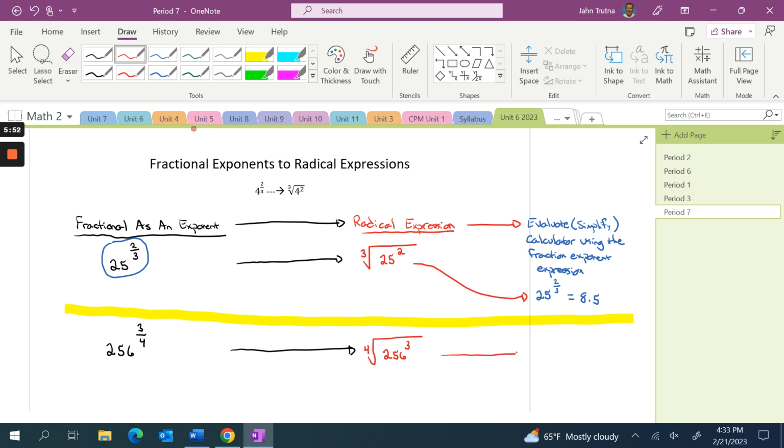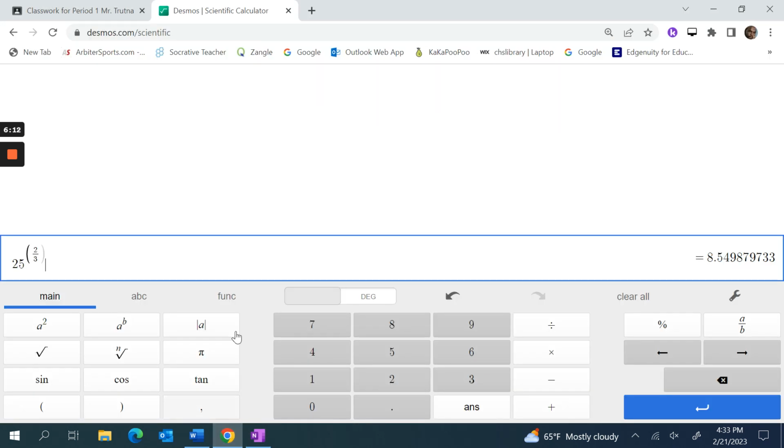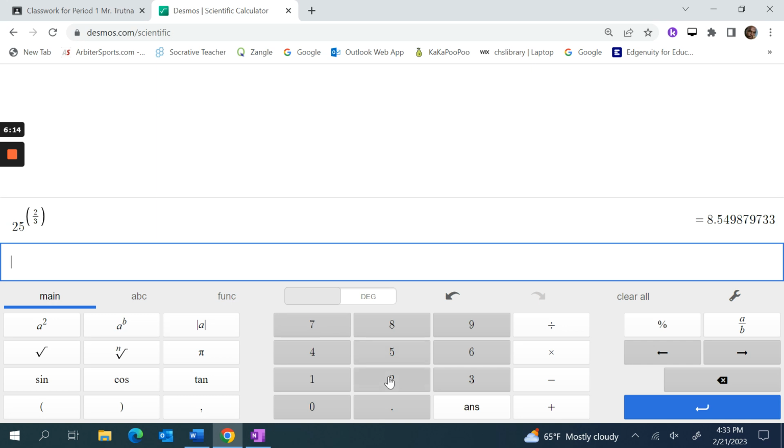Okay, now I'm going to evaluate, so I'm going to use my calculator, and I'm going to type in my fraction as an exponent form. So I'm going to type in 256 to the 3/4 exponent, and see what that equals. I type in the 256 first.